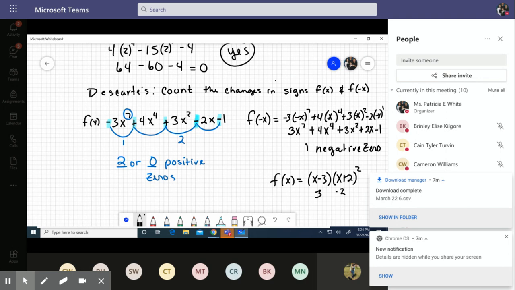Well, now we've got to find this same answer when we're working from this equation. Okay, we got to get this guy factored down. So that's what we're doing here. I know that 2 or none of them are going to be positive, and I know 1 of them is going to be negative so far. That's what Descartes' rule is telling me.